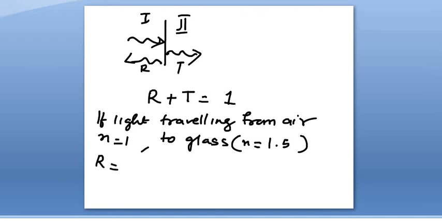On calculation, you can calculate it yourself, n1 minus n2 by n1 plus n2 whole square. So n1 minus n2, this is modulus, okay. Even if you don't take modulus, no matter, because you are getting squared. So this is 0.5 square by 2.5 square. So finally you will get the answer as 0.04, and T you will get as 0.96.